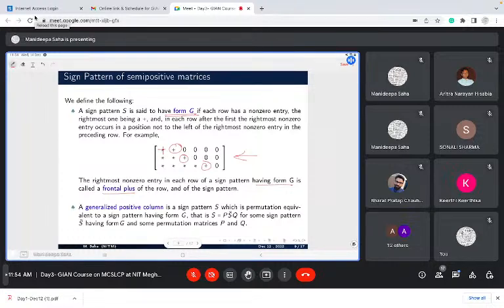A generalized positive column is a sign pattern S which is permutationally equivalent to a sign pattern having form G. So it means that if we are given a sign pattern and we can find two permutation matrices P and Q, maybe different, that means we can permute the rows and columns and bring it into this form, then we call it a generalized positive column.